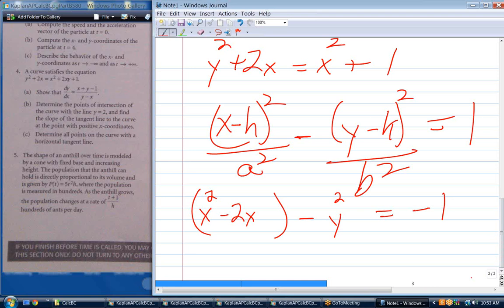But how do we complete the square over here? Okay, so as far as I remember, you divide that middle term by 2, and then you square it? Yeah, so I'm going to add 1. Okay, add 1 there, and then you have to add 1 to the other side? That's where the problem's going to come in. Yeah, now that other side is going to be 0, and I don't know what to do with that.